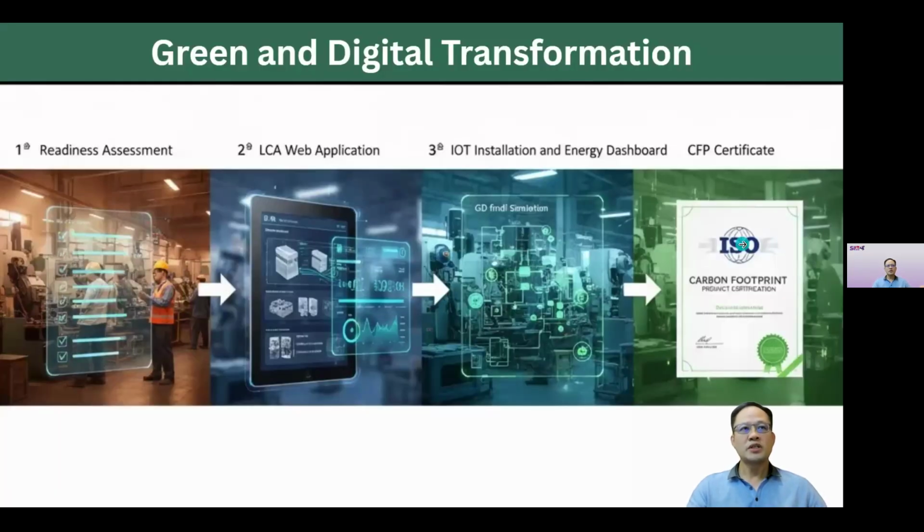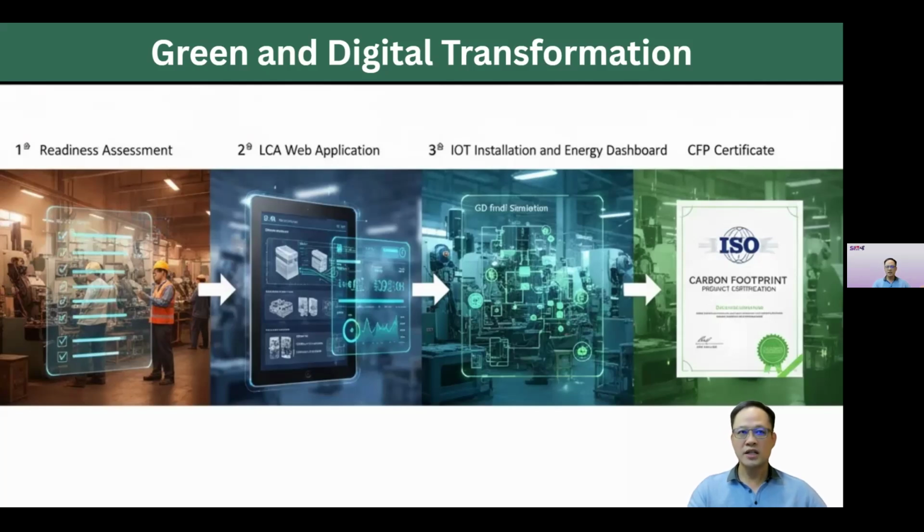To do this green and digital transformation, these are the steps that I and the team think we should take. First, we need to measure the readiness of the company we are going into. We need to make sure that they understand Industry 4.0 and have enough engineers who understand the LCA system.